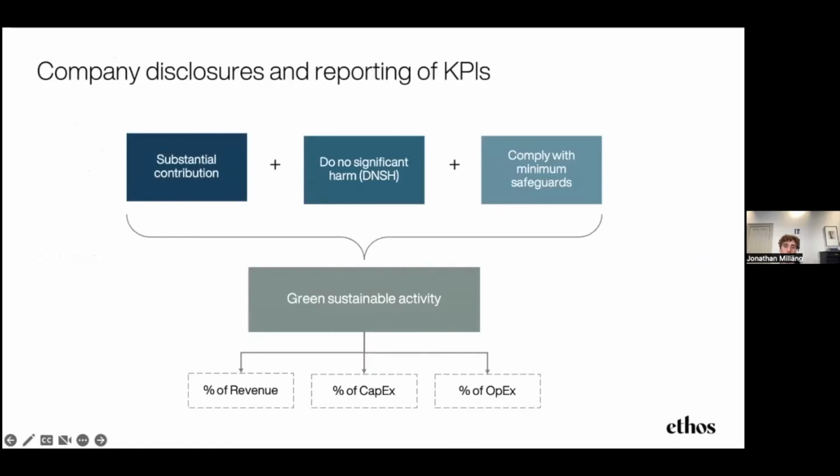And here you can see an example of how the whole regulation works in summary. So the percent of revenue, percent of capex, and percent of opex that is taxonomy aligned can be counted as a green sustainable activity according to the EU classification system. Again, that you are not in the taxonomy or that your industry is not included does not mean that you are not a green sustainable activity.